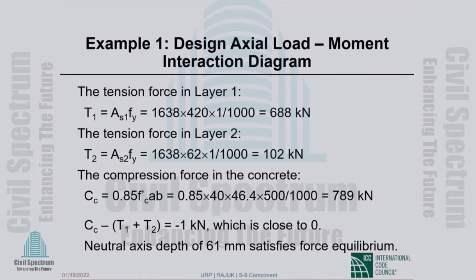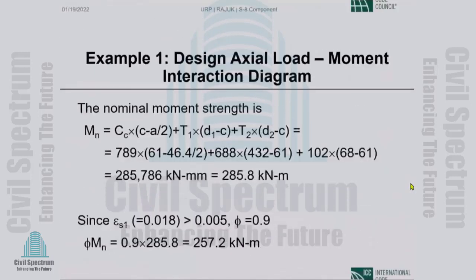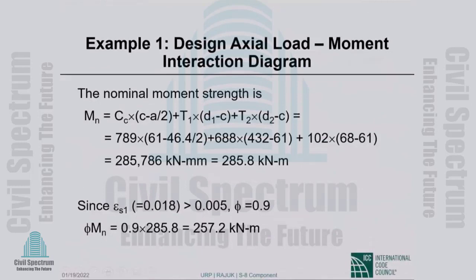So that is a tension, that is a tension. The compression concrete force, 0.85 f sub c prime A B, comes to 789 kilonewtons. The compression minus the two tensions is just 1 kilonewton, which is as good as 0.